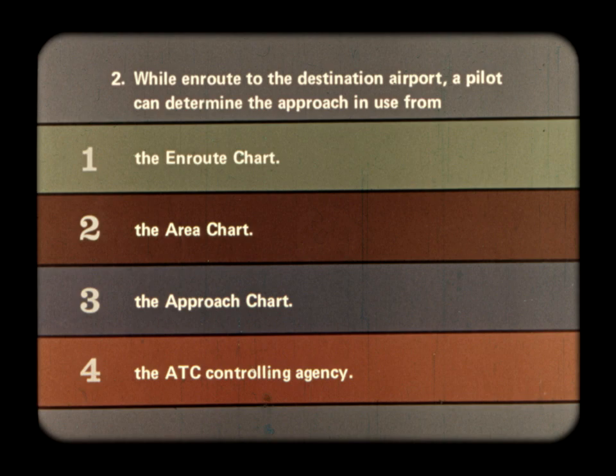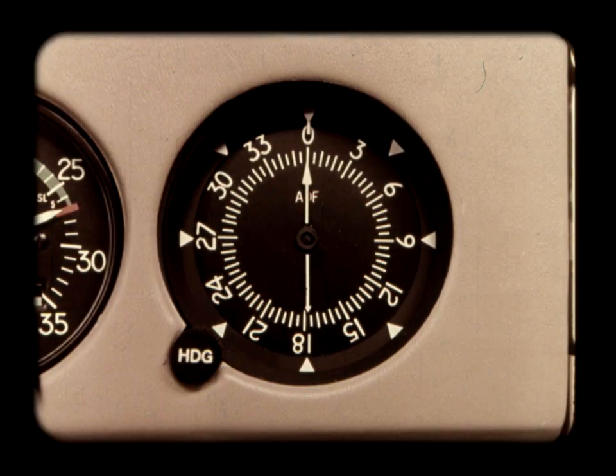Now, let's continue our approach. In addition to setting up the number 2 radio, the ADF should be tuned to the QUIST outer compass locator frequency and identified. The ADF provides a backup of the airplane's position in relation to the final approach fix.